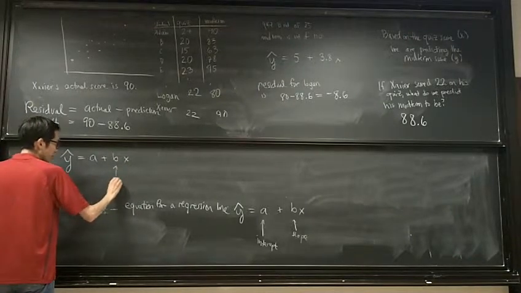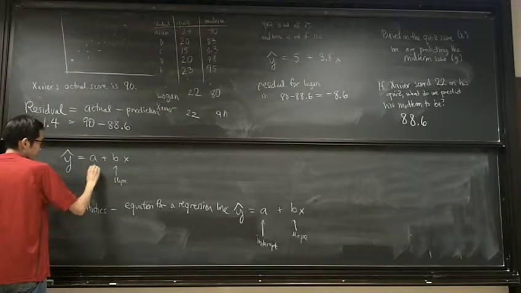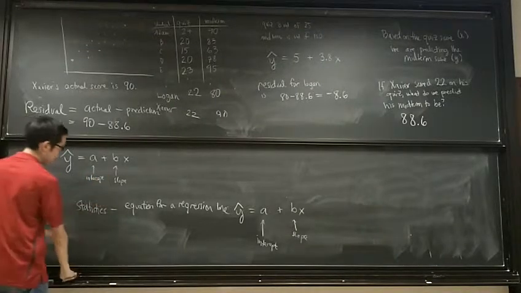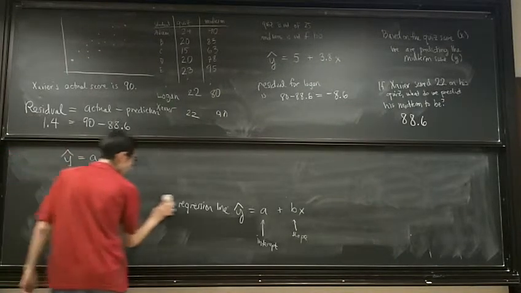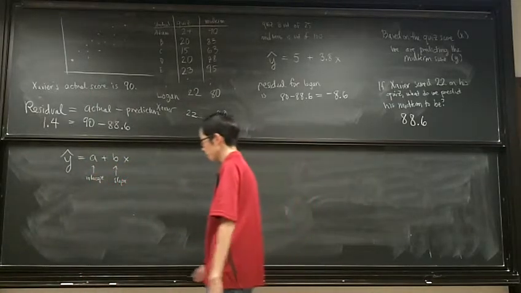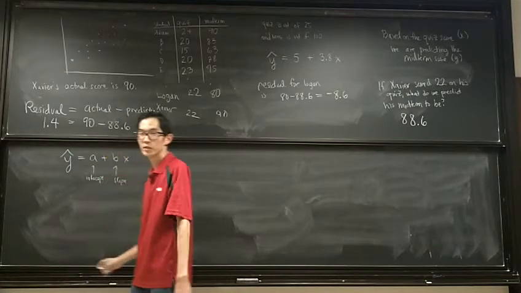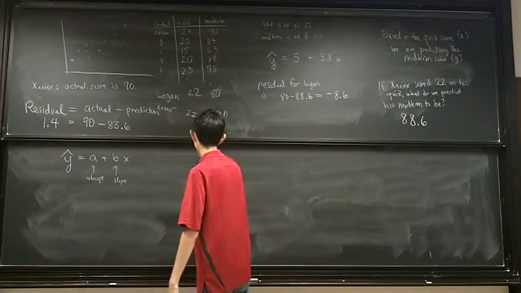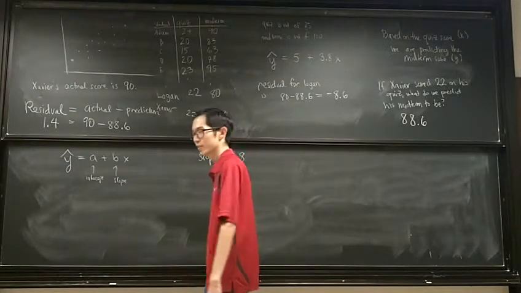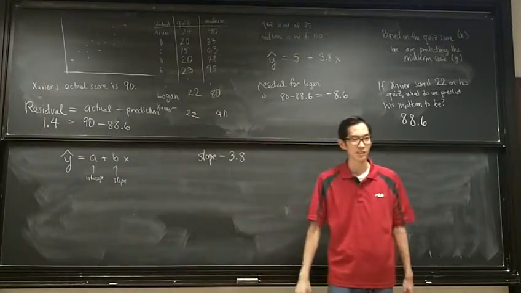B is our slope, and a is our intercept. What is our slope? It's 3.8. What does our slope mean?